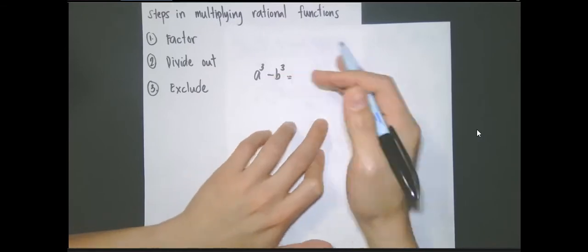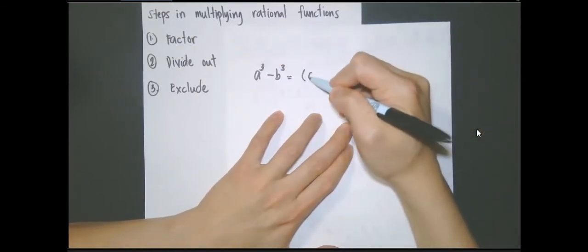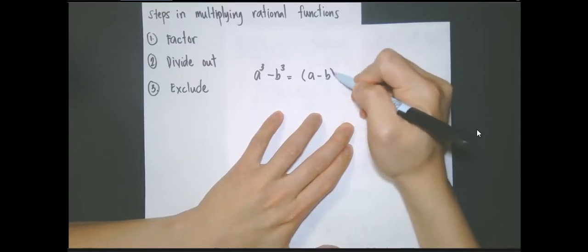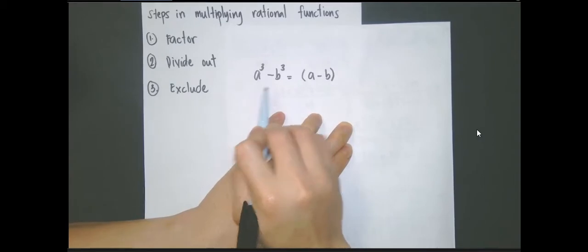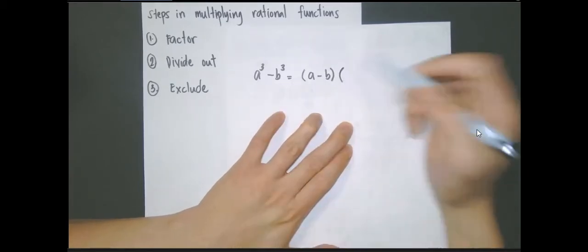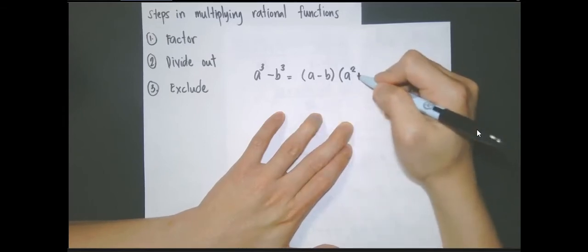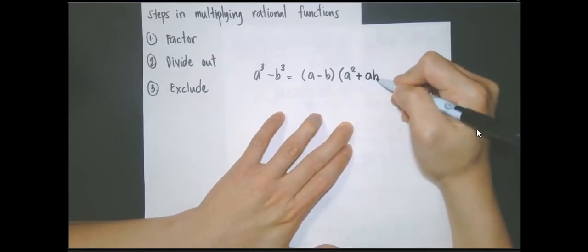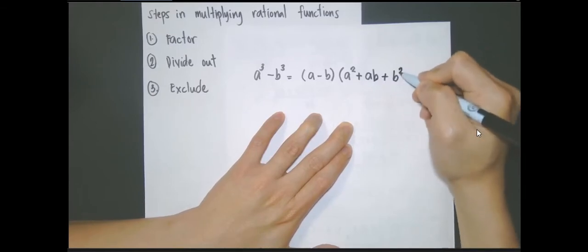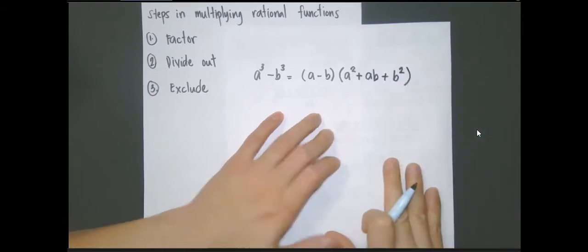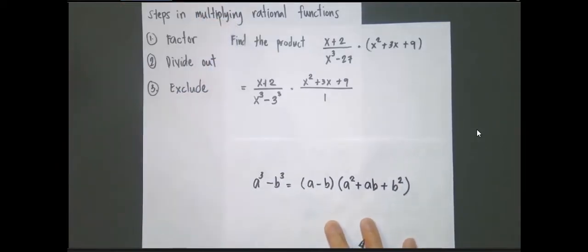To factor that, we have a pattern: the difference of a and b, where a and b are integers or variables, times a squared plus the product of a and b plus b squared. So we can follow that pattern.